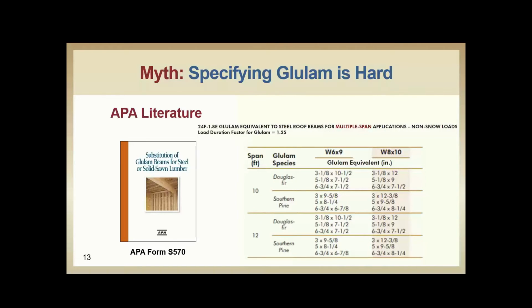APA also has a publication on substitution of Glulam beams for steel or solid sawn lumber. This will provide guidance to assist in the substitution of Glulam beams for steel or lumber.